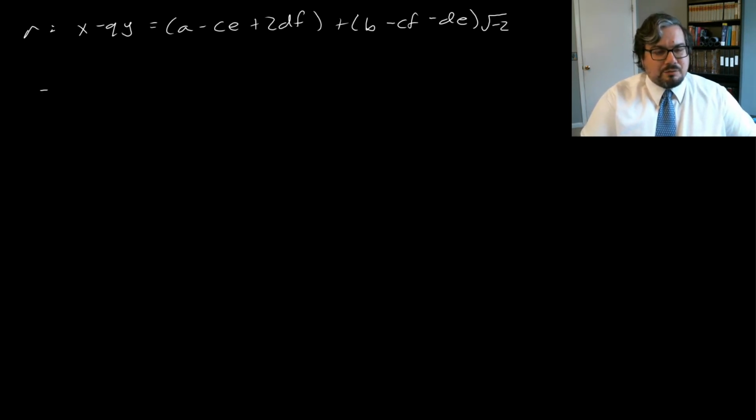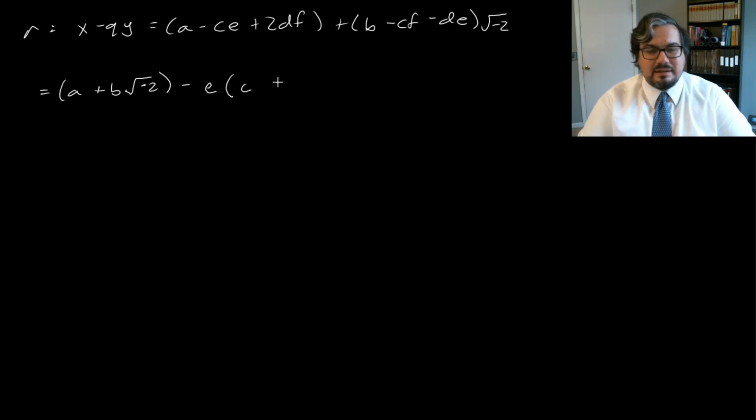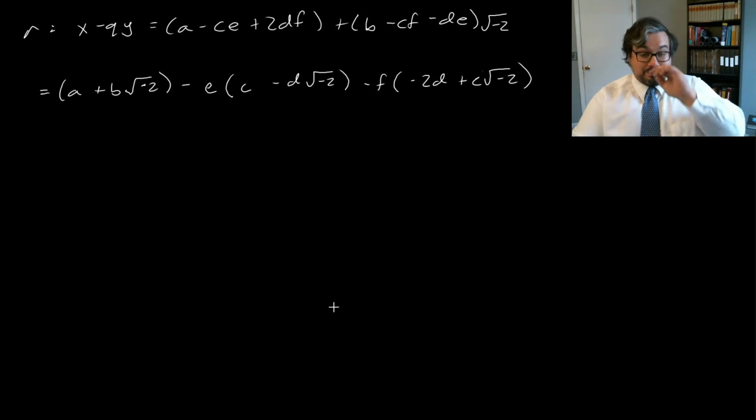I want to write this in the following way: a plus b times the square root of negative 2 minus e times c minus d times the square root of negative 2 minus f times negative 2d plus c times the square root of negative 2.